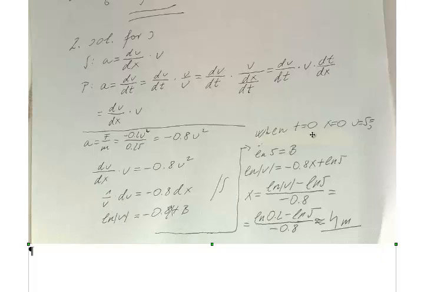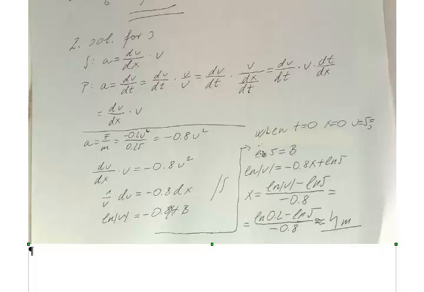When t is equal to 0, then x is equal to 0 and v is equal to 5. We substitute these values here, 5, 0. So we get that b is equal to ln 5.